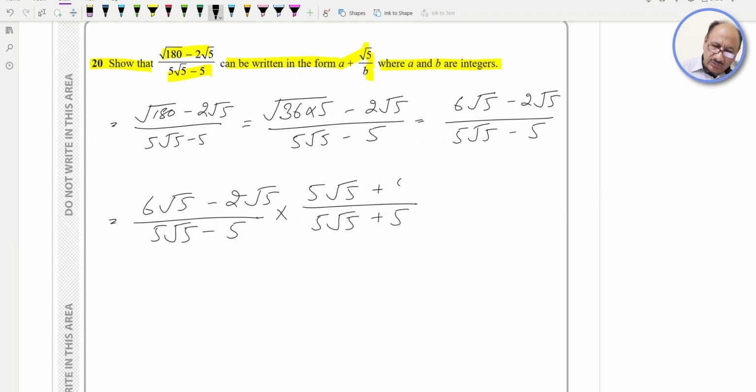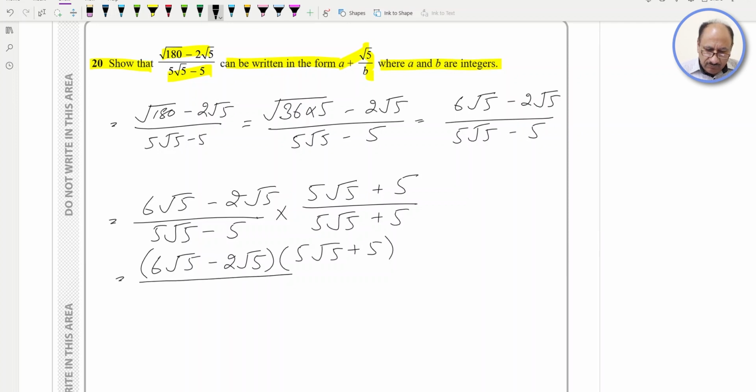This 5 we can rewrite properly. Now we can multiply 6 into, I'm just writing the numerator in brackets like this, and 5 root 5 plus 5 in the denominator, and the a plus b, a minus b formula we can apply.